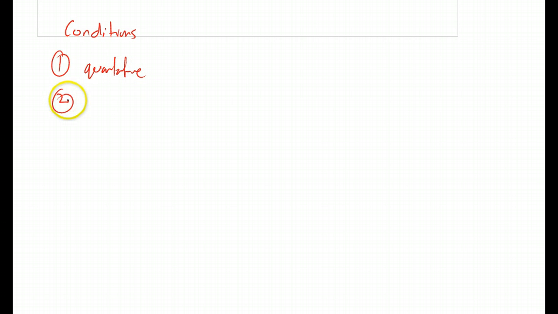So we have three conditions. Your three conditions are: 1, you have to have quantitative data. 2, it has to be linear. The form of your scatter plot has to be linear.